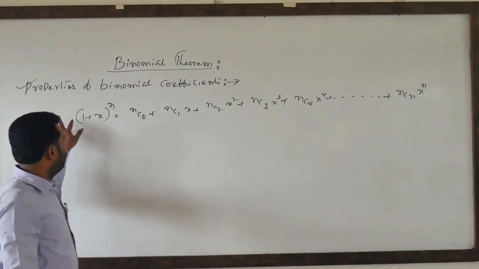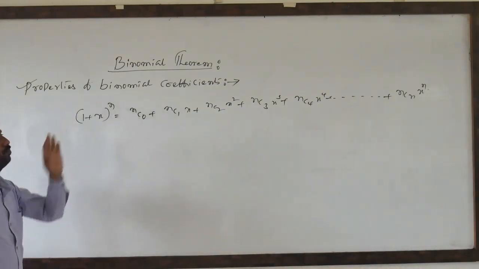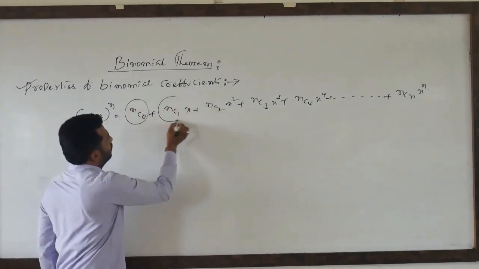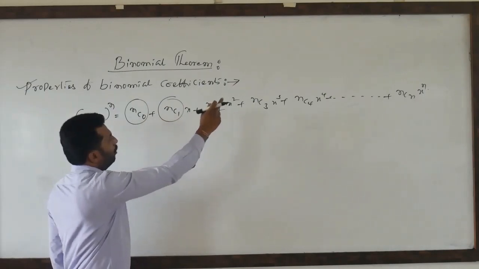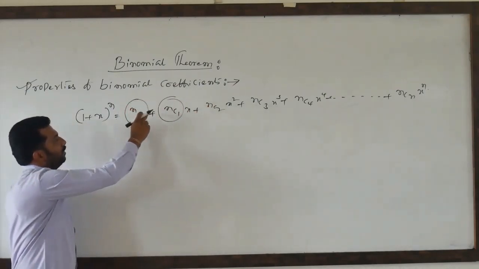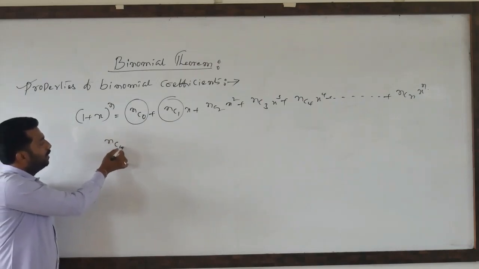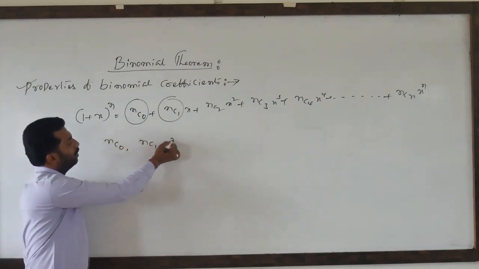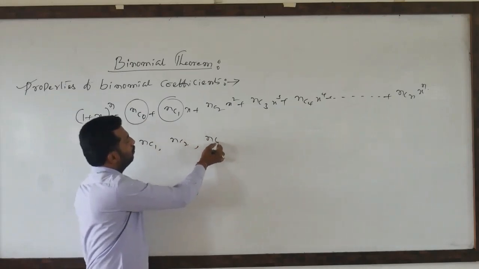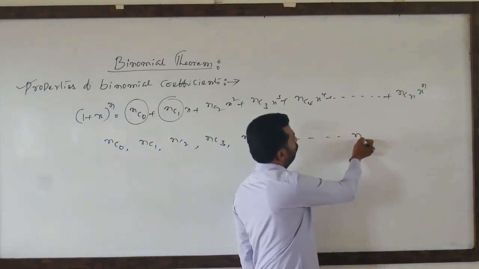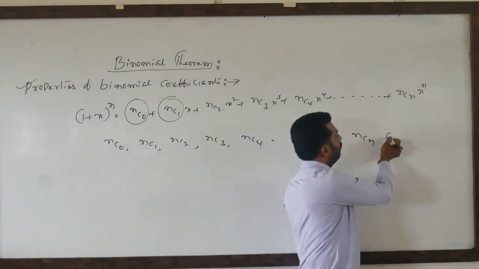So this is the binomial expansion of (1 + x)^n. These are the coefficients of x, x squared, x cubed, x^4 and so on, x^n. This is also a coefficient. Meaning nC0, nC1, nC2, nC3, nC4 and so on, nCn.